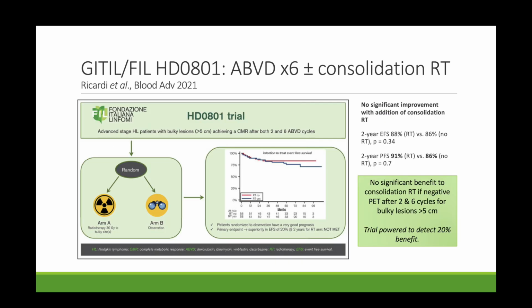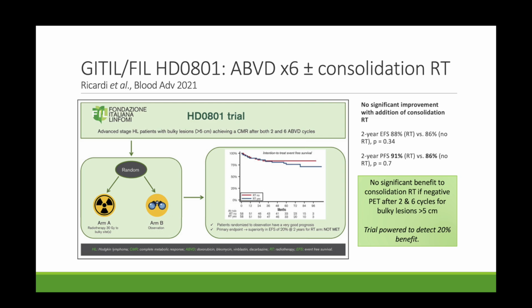Another study from the Italian group that also, I think, sort of muddies the waters and doesn't totally answer our question about the role of consolidative radiation was HD 0801. And they took patients with advanced disease and randomized, after ABVD times 6 cycles, randomized them to either consolidation radiotherapy or observation.